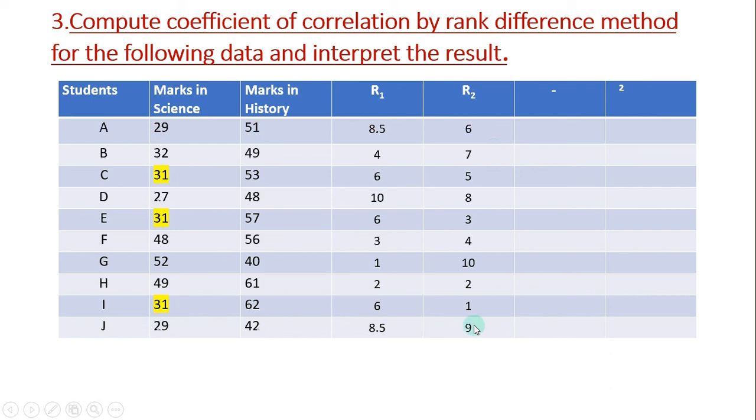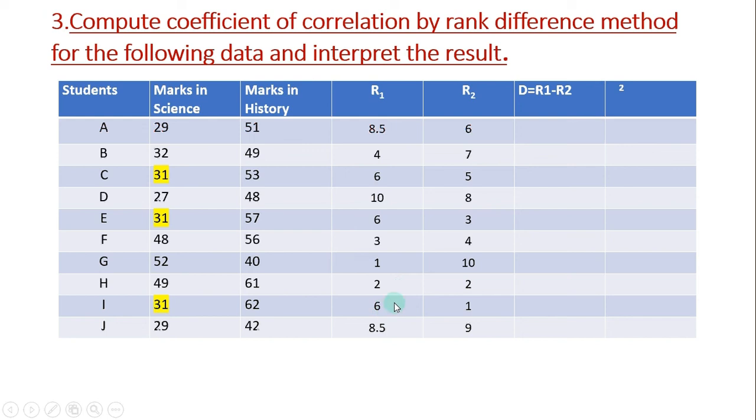And R2, like that we have to calculate, and the difference R1 minus R2. So here 6, 6, all three 6 will come. Divided by 3, so up to 5 is given. So 6, 7, 8.